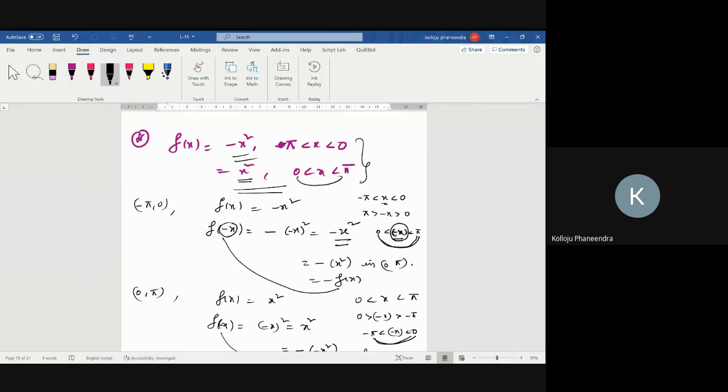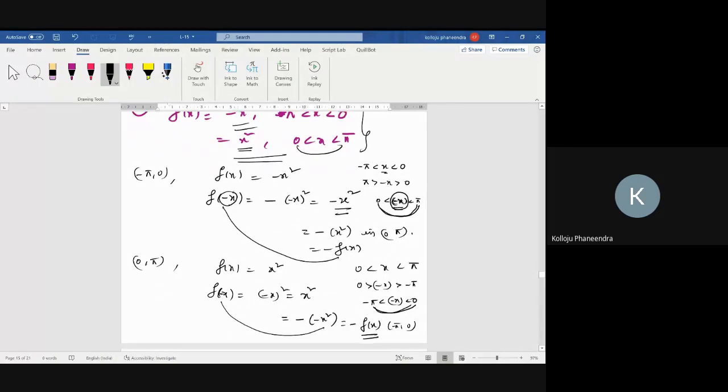Automatically, if b n is 0, the function is an even function. If a naught is 0, a n is 0, and b n is not equal to 0, the function is an odd function. So don't waste time in deciding this part. If you are thorough with this technique, then apply it. Otherwise, calculate a naught, a n, b n directly. Okay?